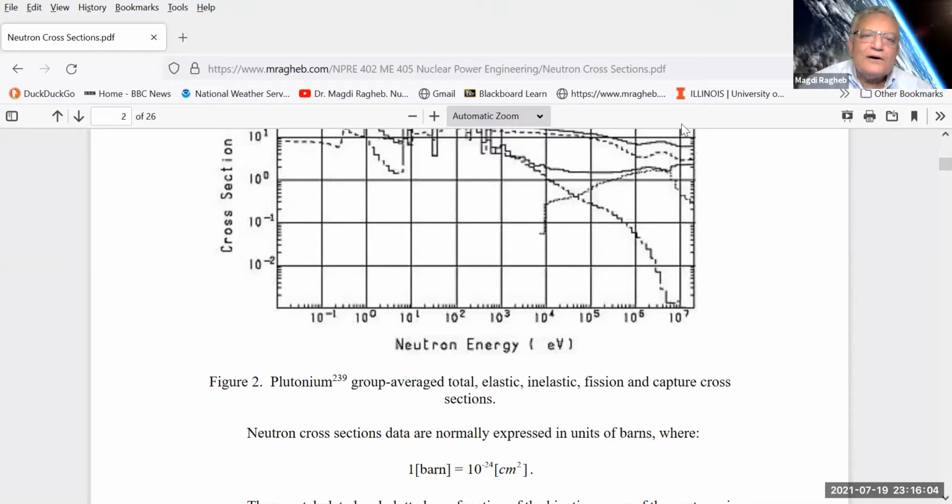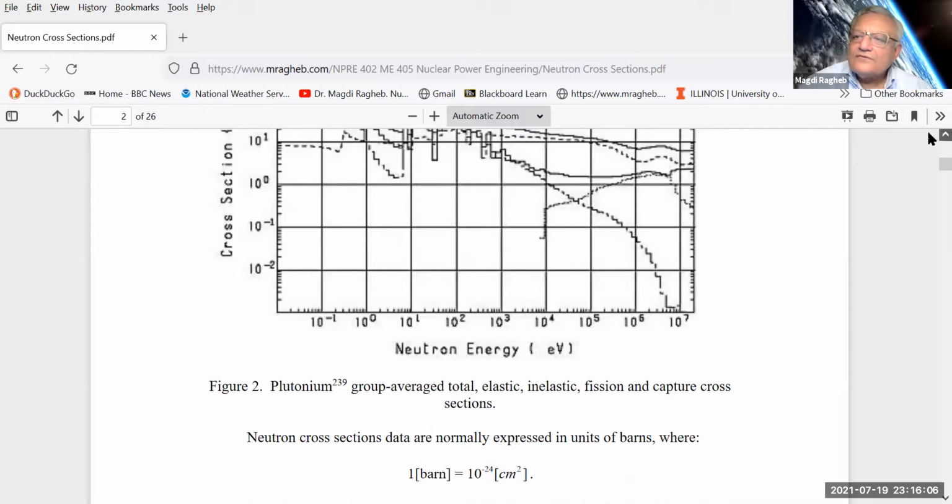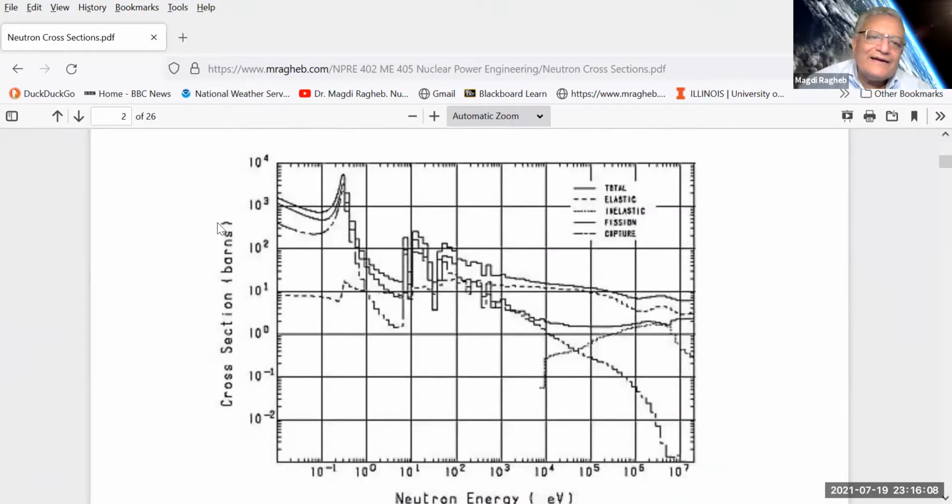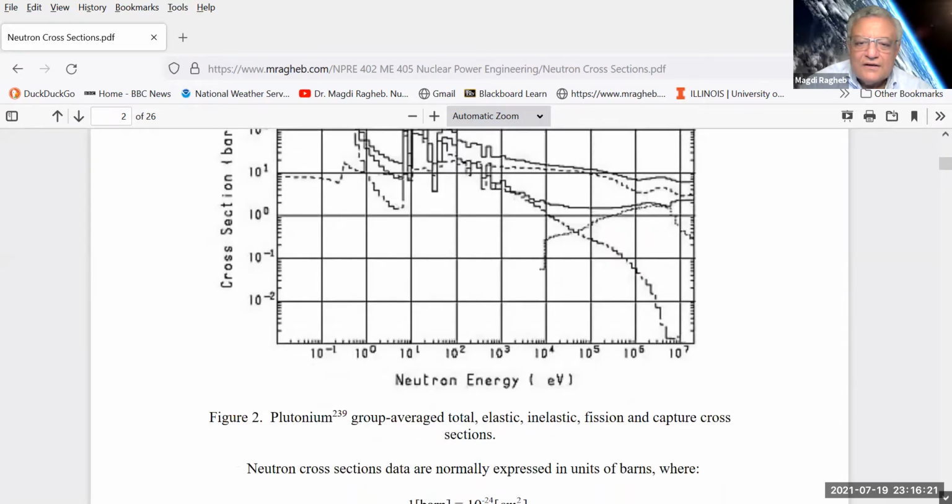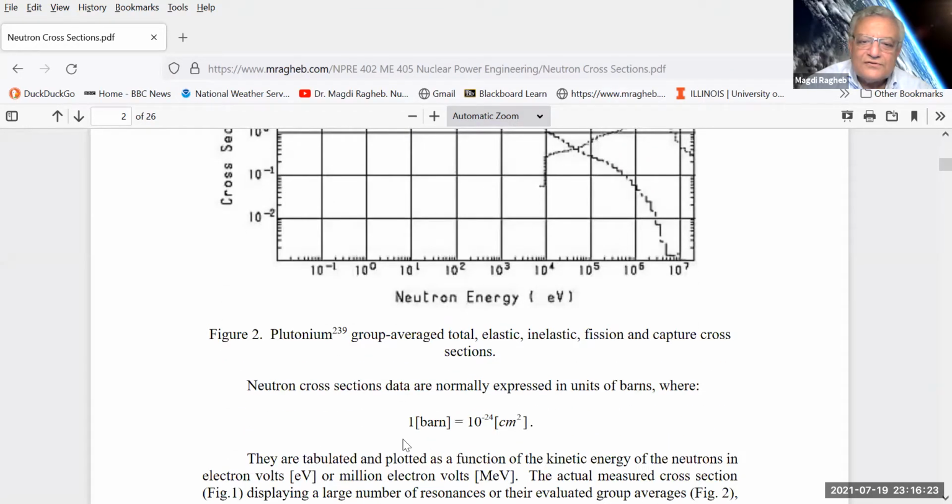So the unit of the barn, the cross section, is a unit of an area that is 10 to the minus 24 centimeter squared. This is the effective area of the nuclei through our observations and experimentation in general. So try to remember that unit.